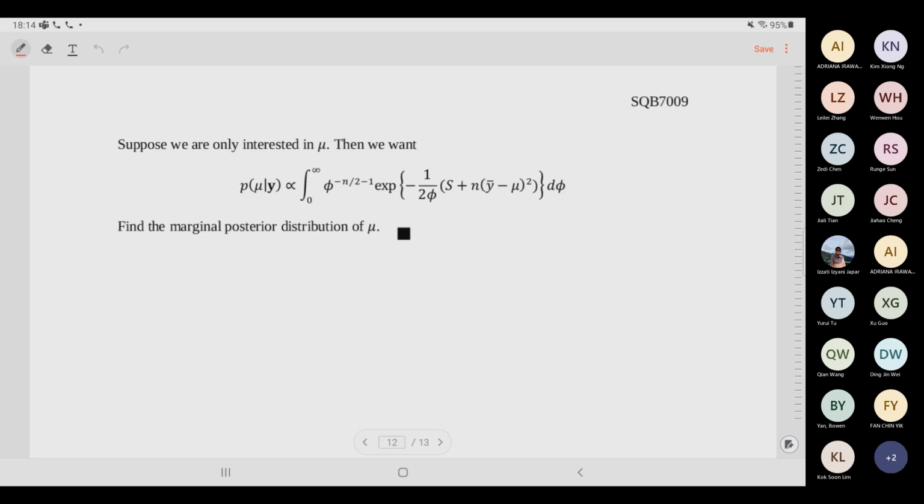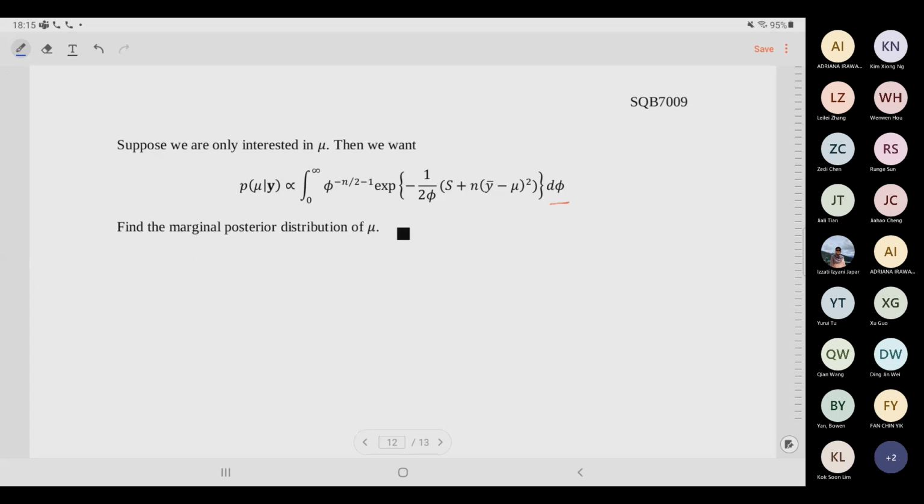Okay, so what happens if we only want mu inside the distribution, right? So we only want the posterior of mu given y. So we have to integrate out our phi. So you can see here, we have to integrate out phi, where phi is from 0 to infinity. Okay, and this is called the marginal posterior. So just now we had the joint posterior, and now we can find the marginal posterior of mu by integrating out phi, right?